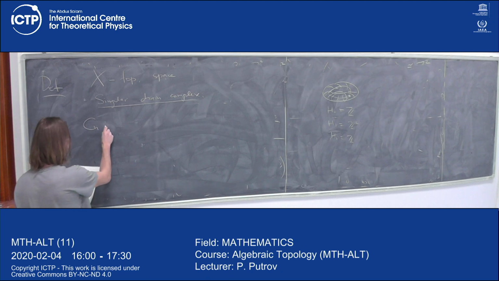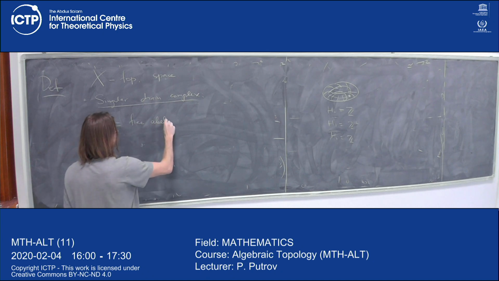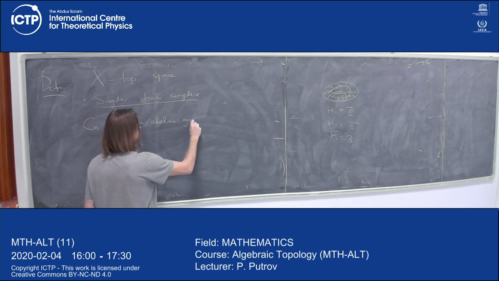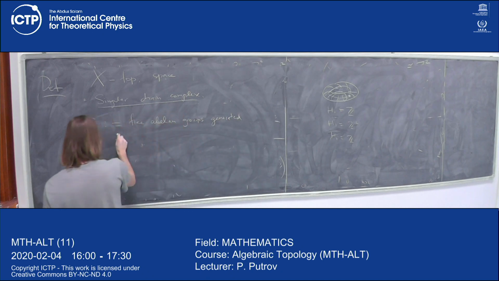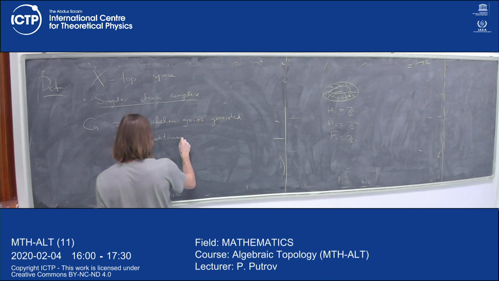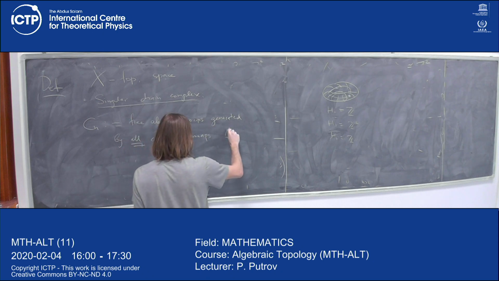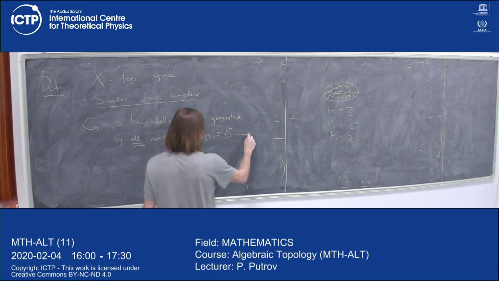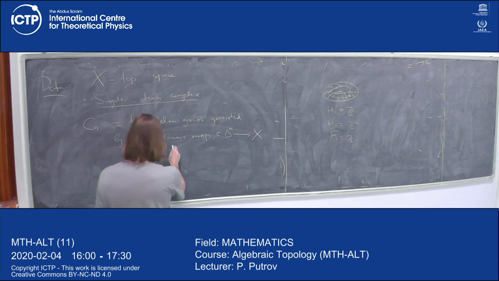So the abelian groups will be free abelian groups generated by all continuous maps sigma from delta n to X. There are no other restrictions.